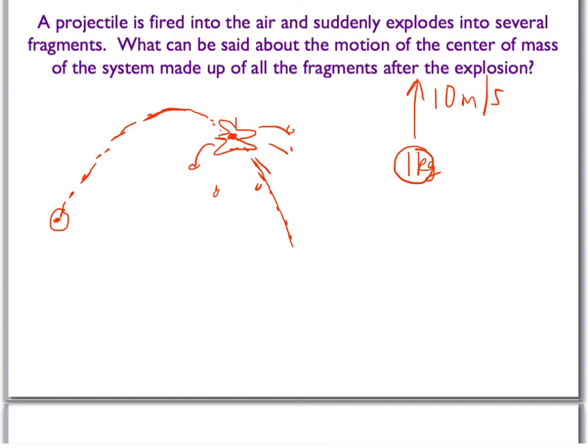So after it has exploded, we have one fragment that maybe is, let's say, 75% of the original mass. So 75% of this, upon exploding, ends up moving maybe off to the left. So 0.75 kilograms is now flying off here at some new speed.